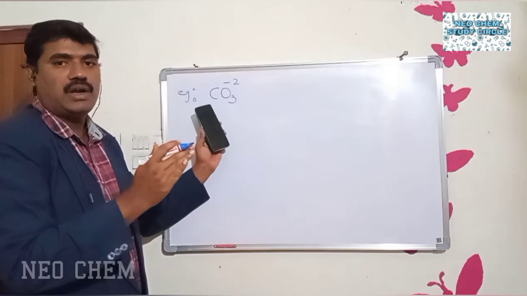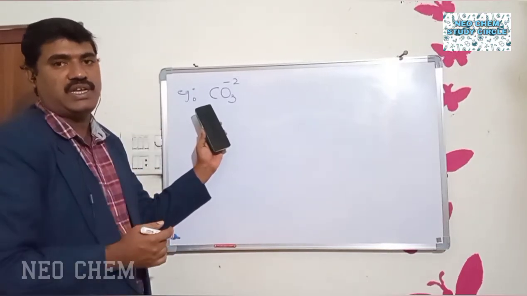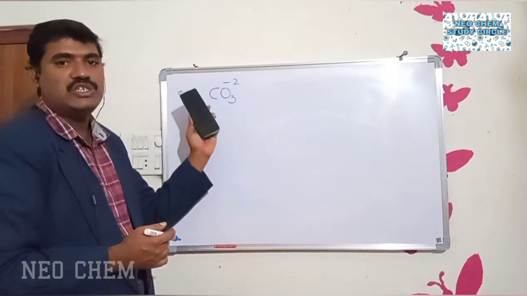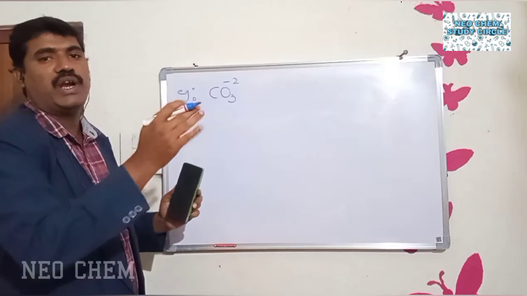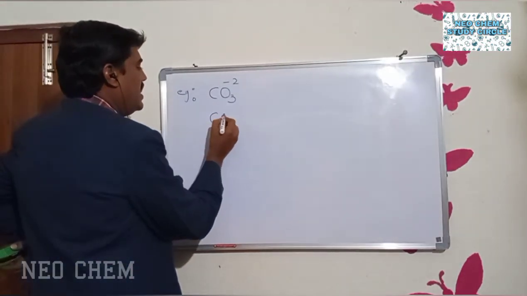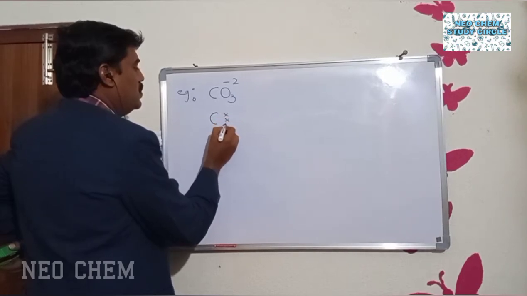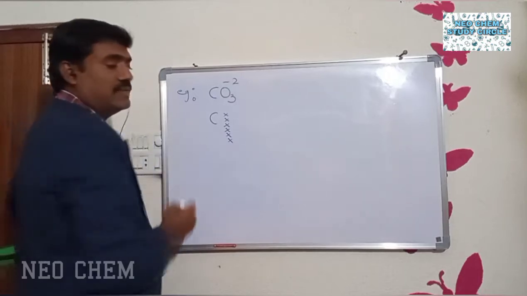Actually, how many valency electrons should neutral carbon have? 4 valency electrons. But now it should have 6 valency electrons due to the presence of 2 negative charges. So we should write 6 valency electrons: 1, 2, 3, 4, 5, 6.